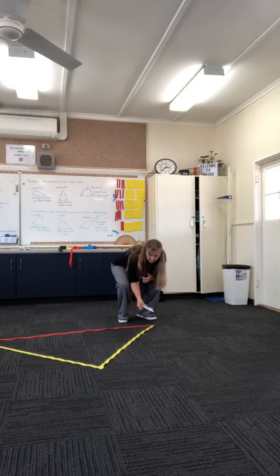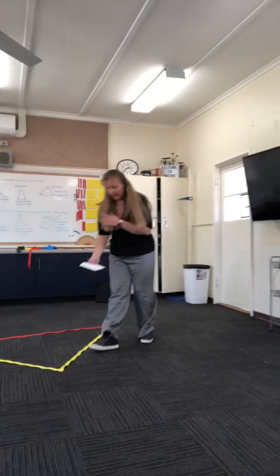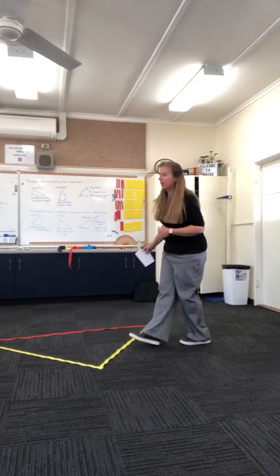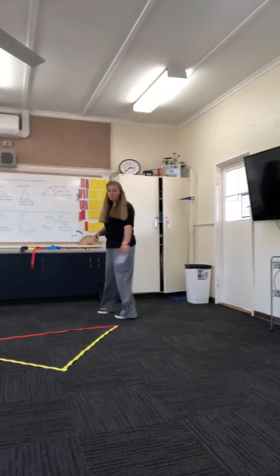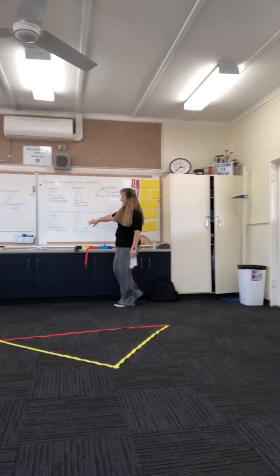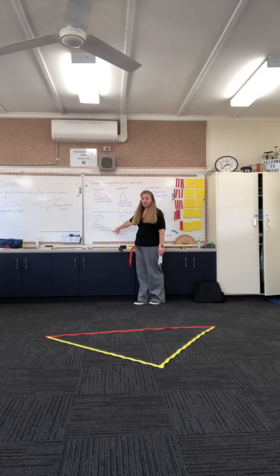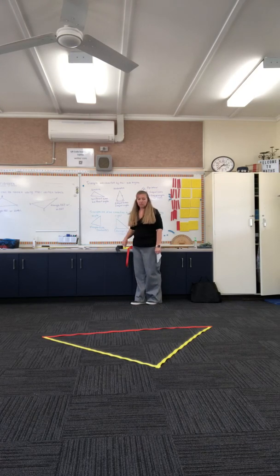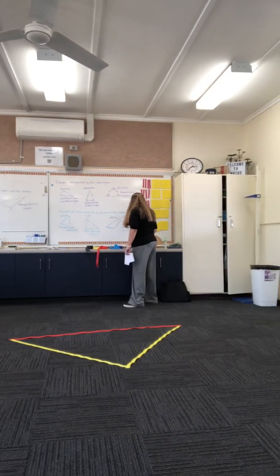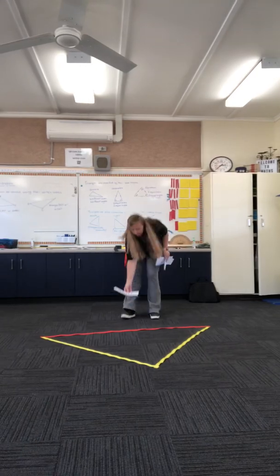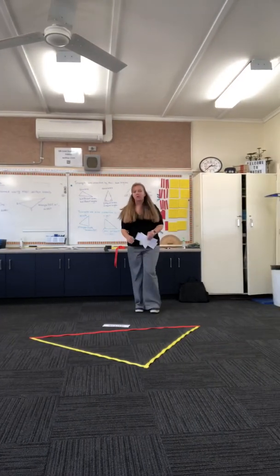If they're smaller than 90 degrees, then we have what we call an acute triangle, because each of the angles is acute. So all angles are acute, which means they're less than 90 degrees. We can classify this triangle as acute.